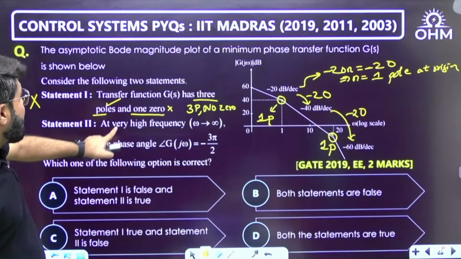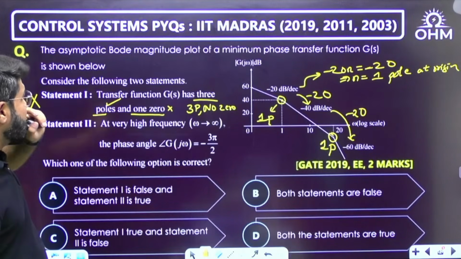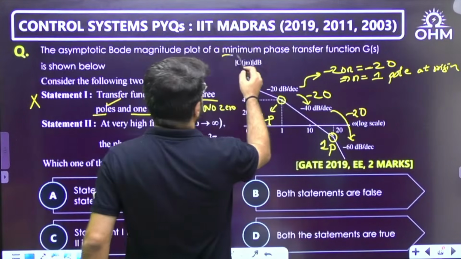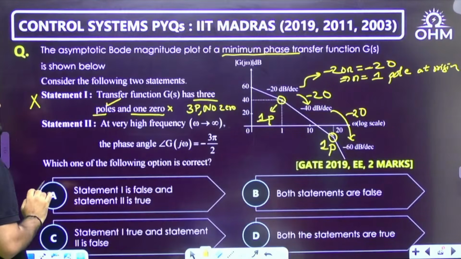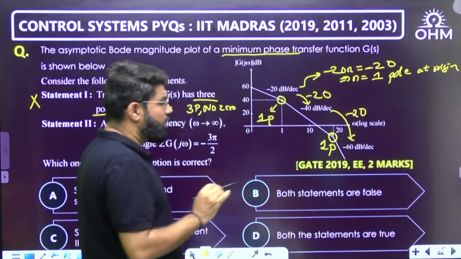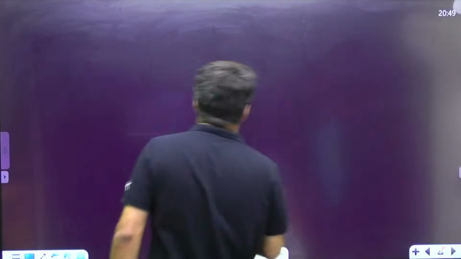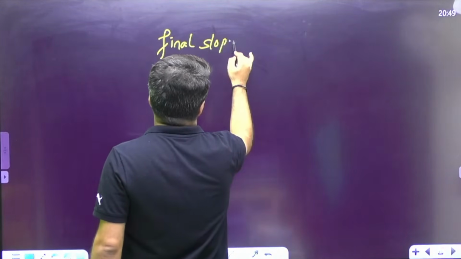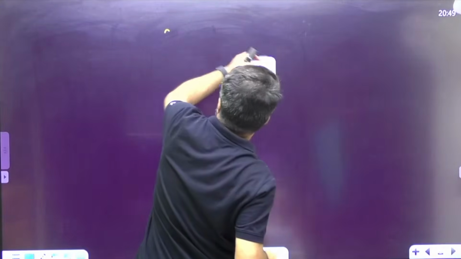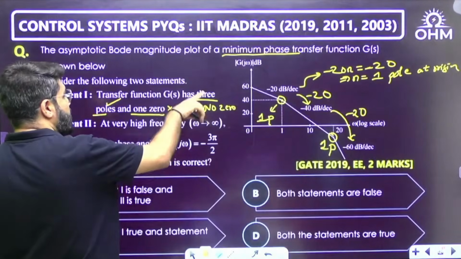And then at very high frequency, the phase angle. It's already given as a minimum phase system. Remember, what is the final slope? We have now got how many poles and how many zeros.